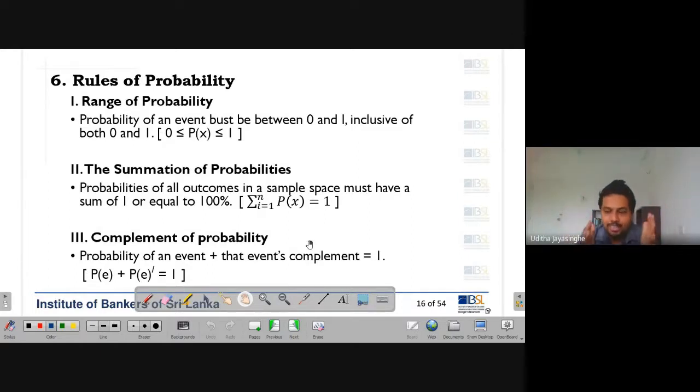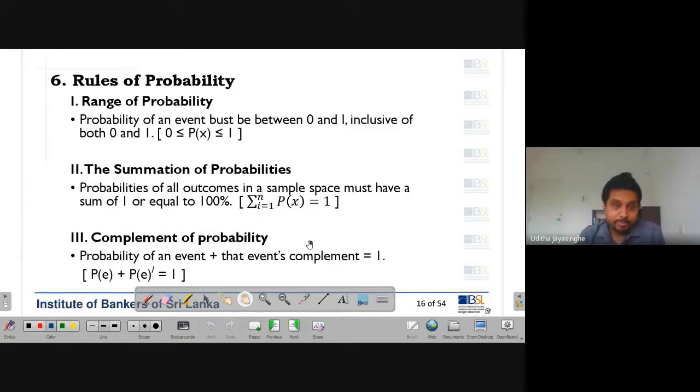Now, under the rules of probability, we are bringing everything into a few acceptable rules. Okay, so bear with me. Some of these things we have already discussed, but this is how we are formally putting it into rules of probability.